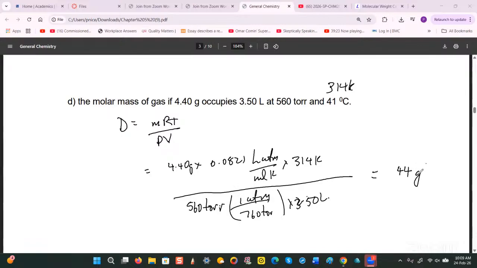The Kelvin units will cancel out here and here. The liters unit will cancel out here and here. The torr units will cancel out there and there. Atmospheres will cancel out there and there. So after canceling out all the other units, the only units remaining will be grams over mole. So this will be 44 grams per mole. And that's it. It's 2 sig figs because of the 560 here.